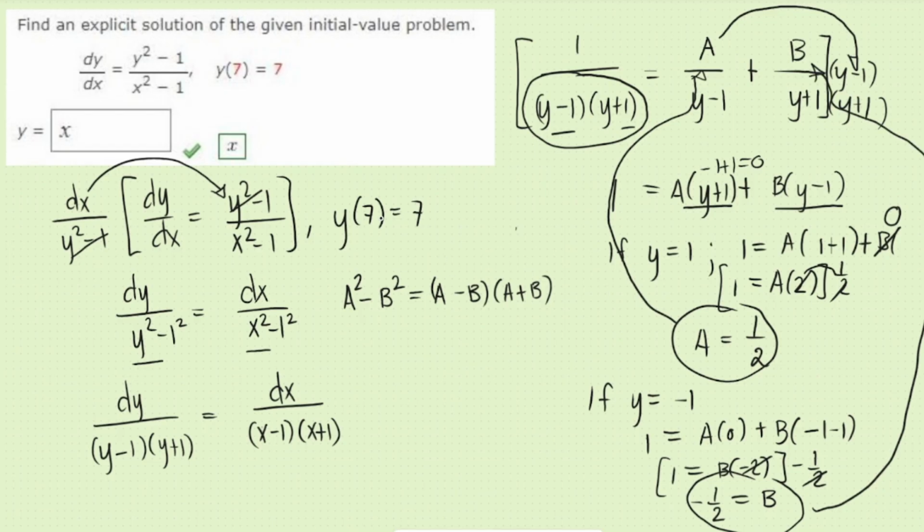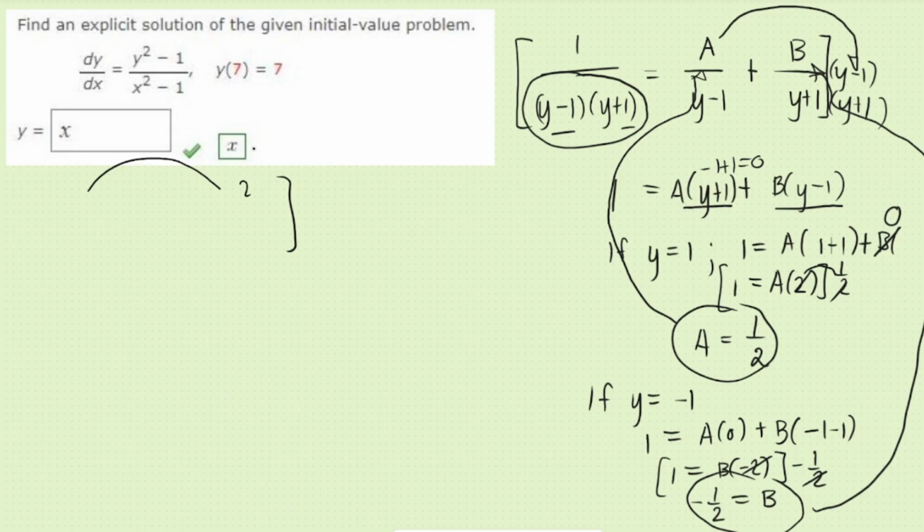See? So let's go delete this. Pardon me. Okay. So we now have our decomposed partial fractions. You remember we have dy over, let me write it down right here, is equal to dx over x minus 1 times x plus 1.